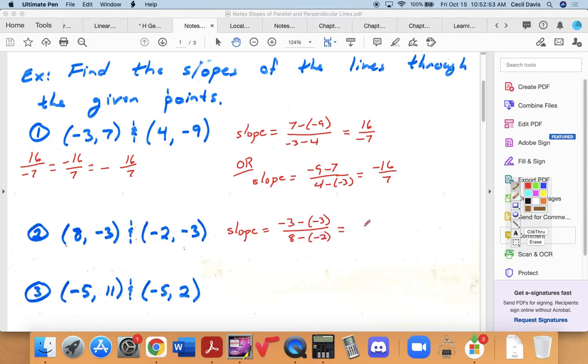Negative 3 minus negative 3 is what? 0. Over 8 minus negative 2 is 10. What is 0 over 10? 0. 0 divided by any number is 0. Okay, because we have 0 tenths.